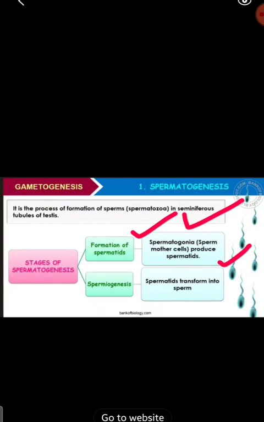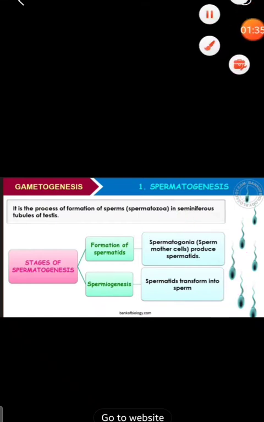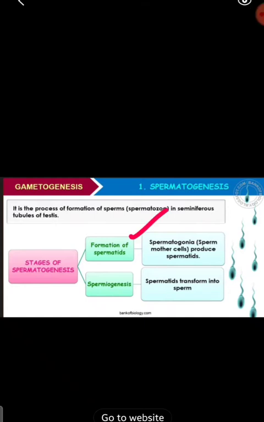There is a sperm mother cell. The sperm mother cells produce spermatids, and these spermatids get transformed and converted into sperm. So there are two stages in it. Spermatogenesis has two stages: formation of spermatids, that is, the sperm mother cell or spermatogonia will produce spermatids, and the next stage is spermiogenesis, where spermatids get transformed into sperm.